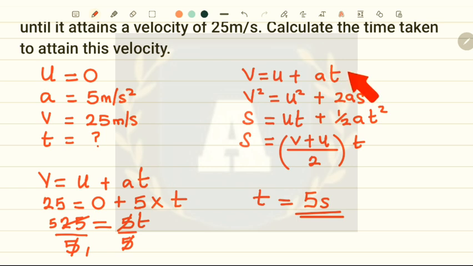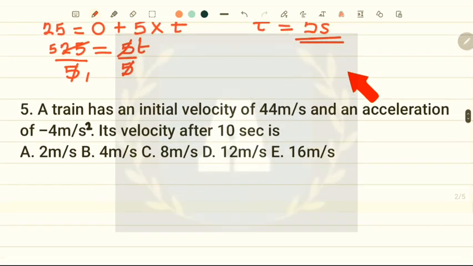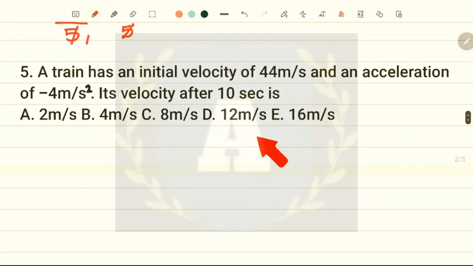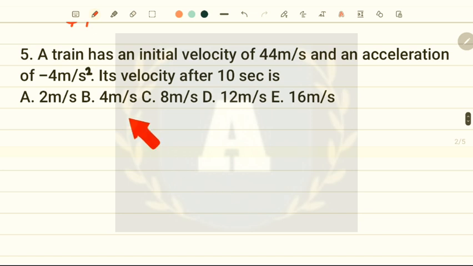We quickly move to the next question, and the question says a train has an initial velocity of 44 meters per second. So the initial velocity is 44 meters per second, which means it is not starting from rest in this case.